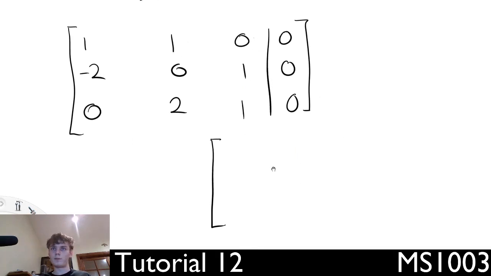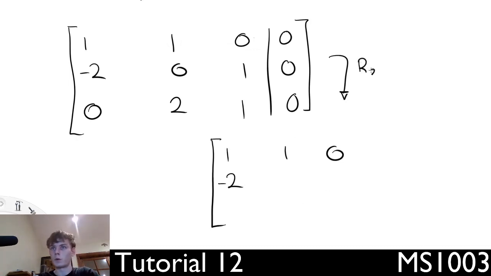Alright, that makes me happier. So now I can just add the third row to the second row, and you'll see what happens. So I get 1, 1, 0, minus 2, right, what I do here. So I'm taking the second row and replacing it by the second row minus the third row. So minus 2 minus 0 is minus 2.